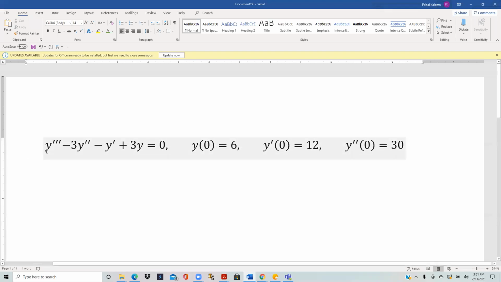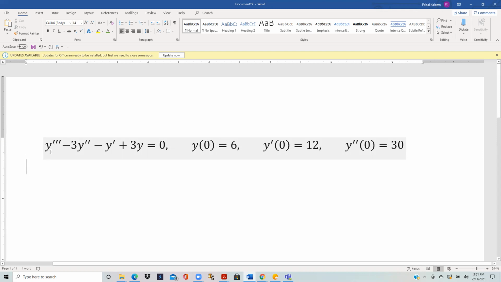Okay, so now this time we have a third order homogeneous equation. And the method of solving these is very similar. You still write the auxiliary equation and try to find the roots of the auxiliary equation.